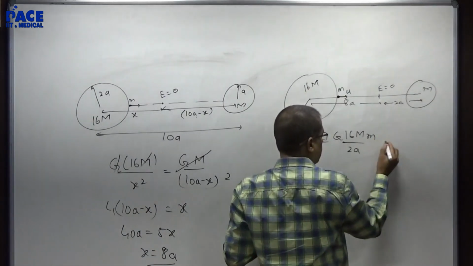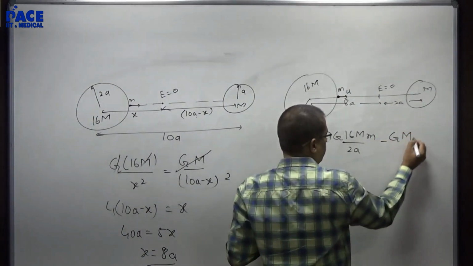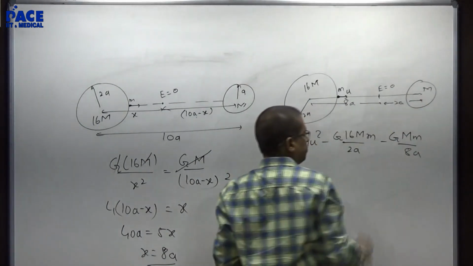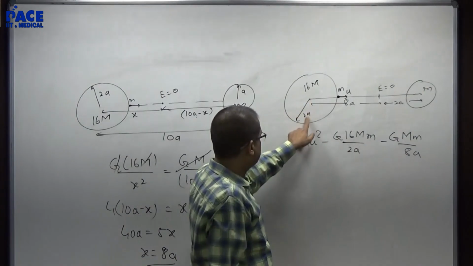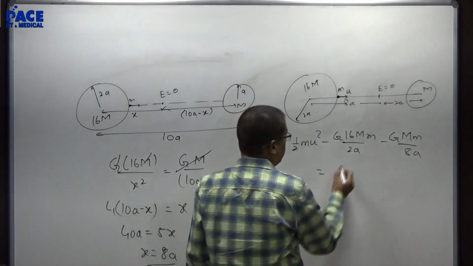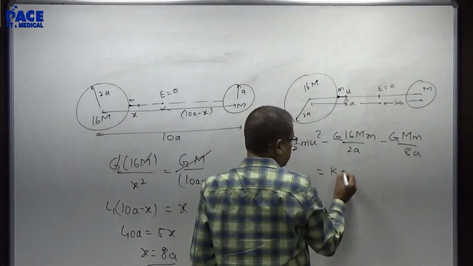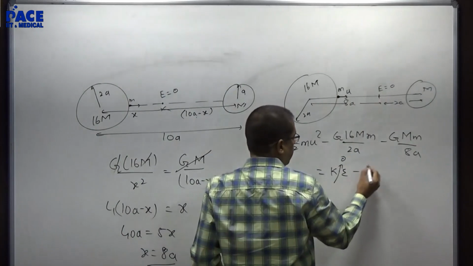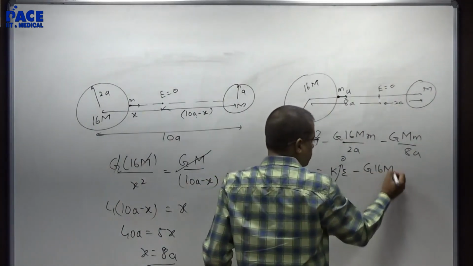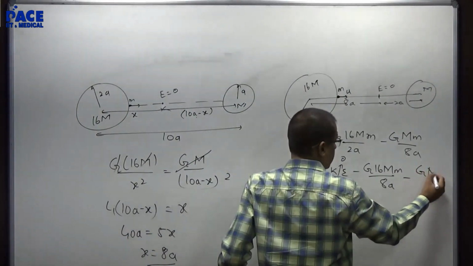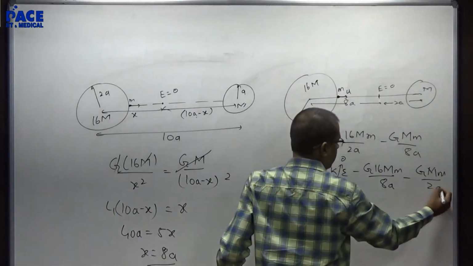It will be minus G capital M small m by the distance from here till the center, which will be 8a, because this radius is 2a and the total distance is 10a. Equate it to the kinetic energy at this particular point, which will be 0. It should just reach this point. Minus G 16m small m by 8a minus G capital M small m by 2a.